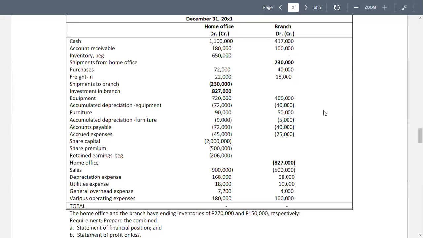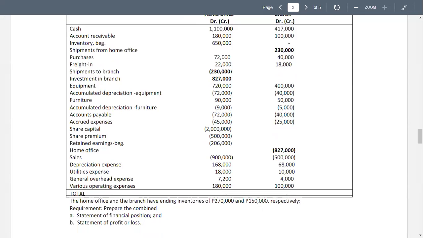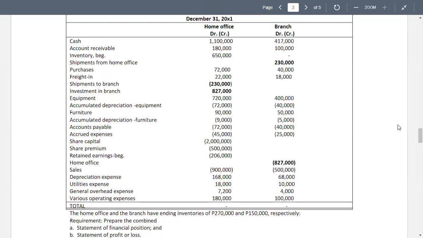Cost of goods sold includes inventory beginning, 650,000.